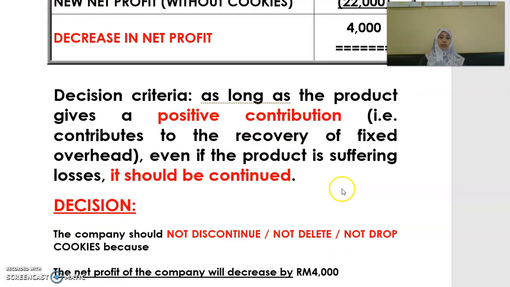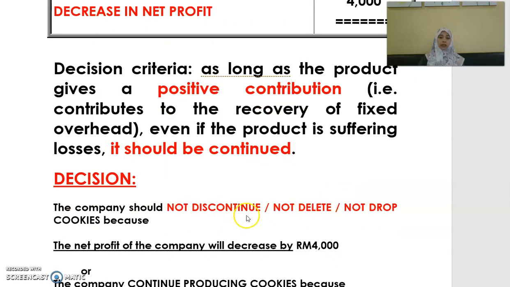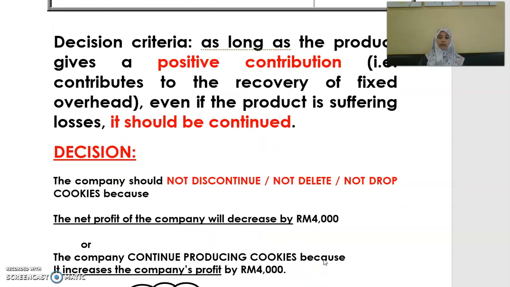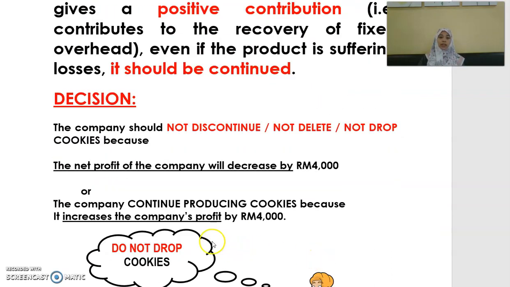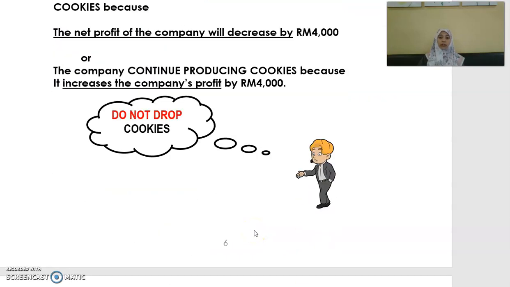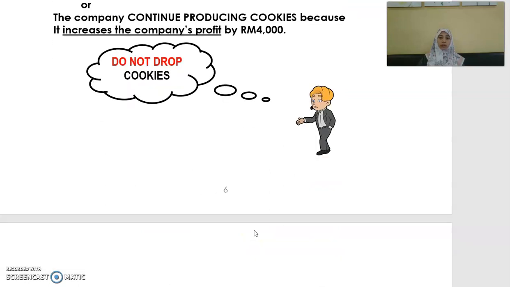So the company should not discontinue or drop cookies, because the net profit of the company will decrease by 4,000 ringgit. Or you can say that the company should continue producing cookies because it increases the company's profit by 4,000. So the decision is do not drop cookies.